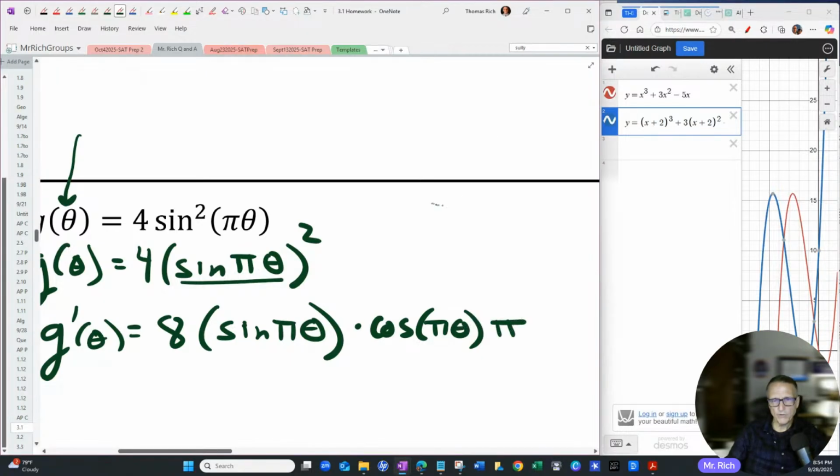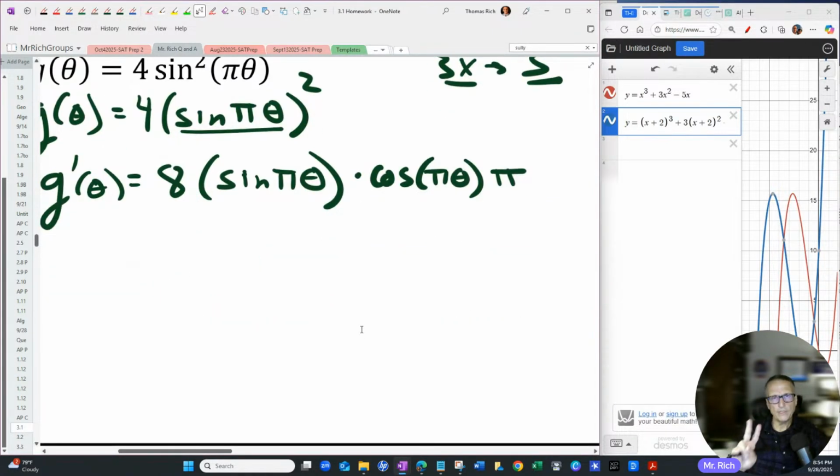It'd be like saying, what's the derivative of 3x? It's just the number 3. The derivative of pi times the variable theta is just pi. So that right there is the full expression for the derivative using the chain rule twice. I had to use it twice.